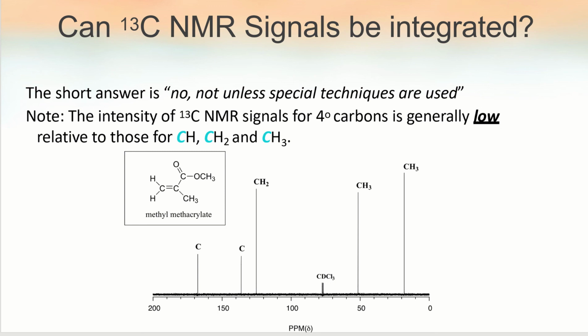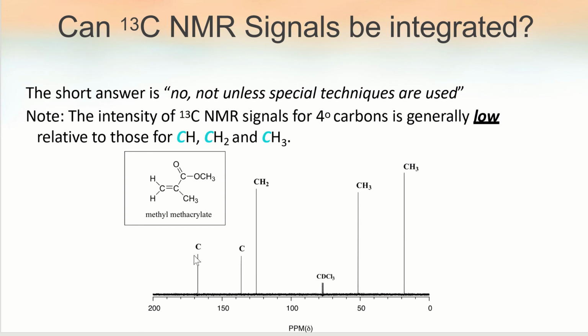All right, so can carbon NMR signals be integrated? Because we have seen integration and it has been so useful for us in proton NMR. The short answer is no, not unless special techniques are used, and we're not going to go into those special techniques. It's noteworthy, though, that the intensity of carbon-13 signals for quaternary carbons is generally low relative to methine, methylene, or methyl.